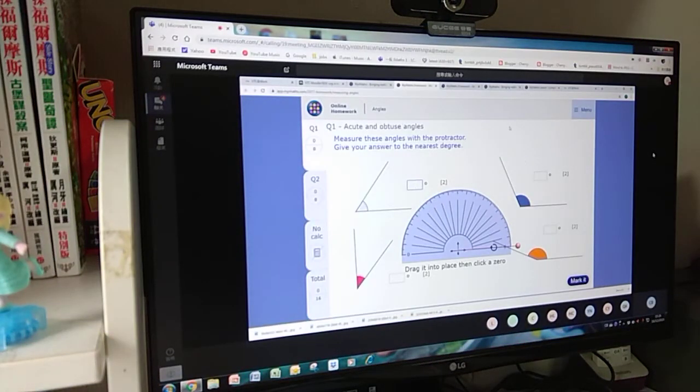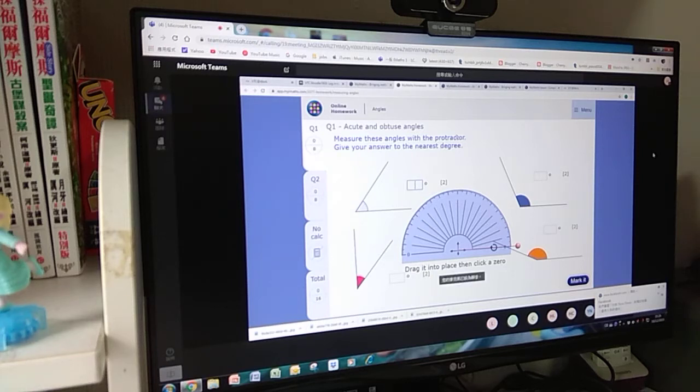Okay, now you can look at the screen. Actually, question 1 is asking you to measure the angle. Okay, measure the different angles. So how can you work on it?